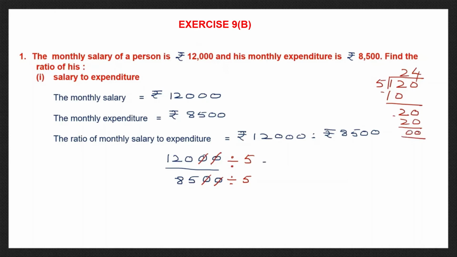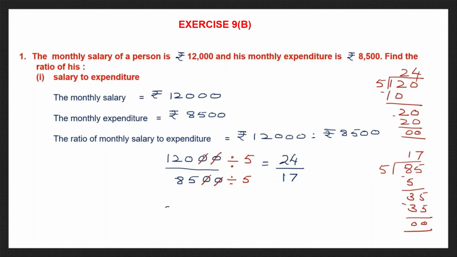So here my numerator is 24 and let's divide 85 by 5. 85 divided by 5 will be 5 ones are 5 minus 3, I bring down 5, it's 35. 5 sevens are 35. So my denominator will now be 17. So I have reduced my fraction to 24 by 17.